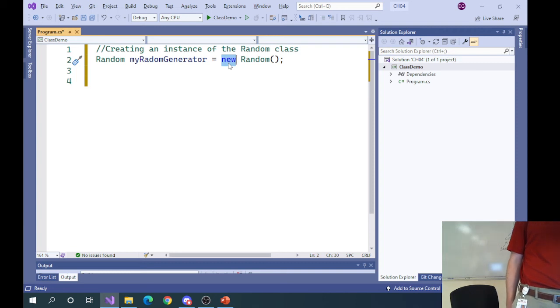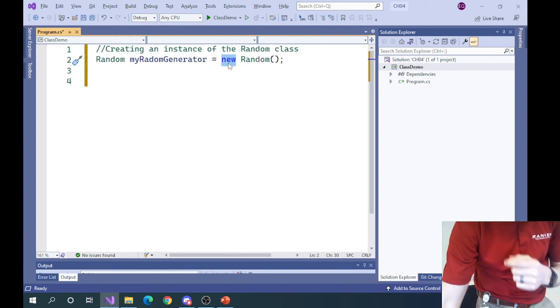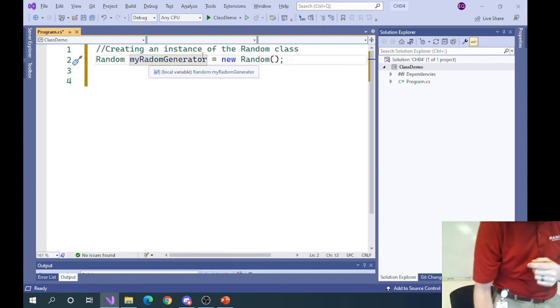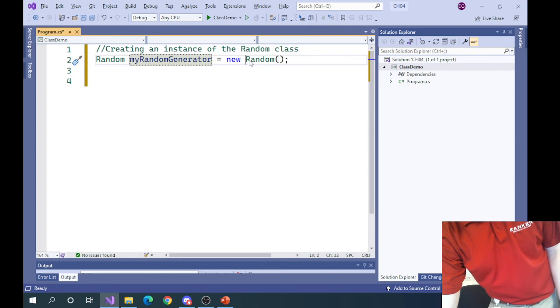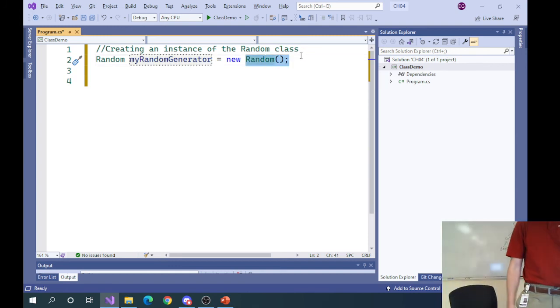Tyler, you got the N in Random. My random generator equals new. New is a keyword that says there's an object being created, and then we call this method called Random. So this is just the syntax for creating a variable that is from a class. The class is the Random class.